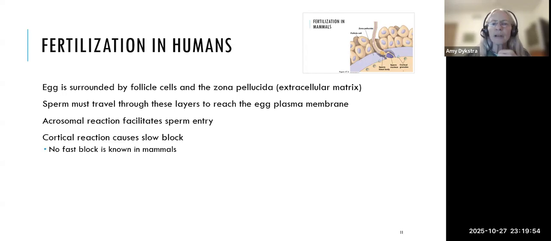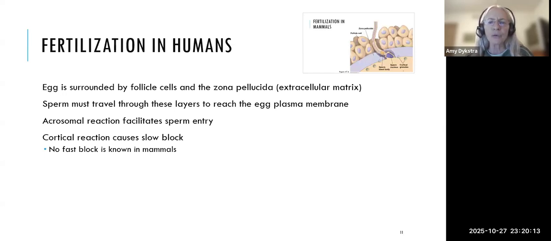And once the sperm contacts the plasma membrane of the egg, then the egg and the sperm nucleus can fuse, and this is going to cause the release of calcium ions again, and this is going to cause a cortical reaction, which is going to cause a slow block.